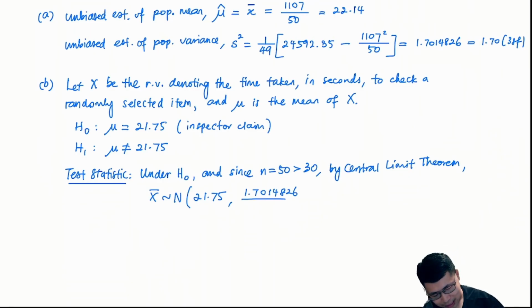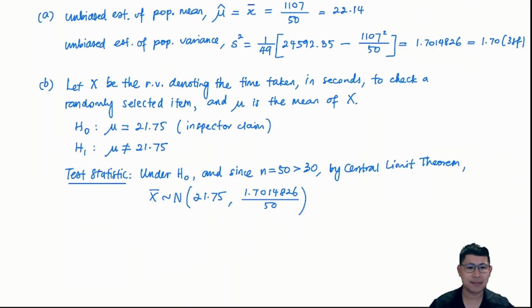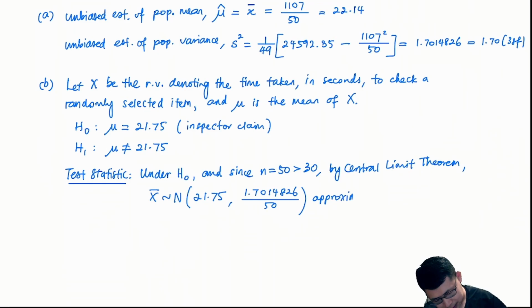This is the unbiased estimate of the variance divided by our n, oh sorry, n is 50. So divided by 50, and it will be approximately normal. Okay, so something like that.